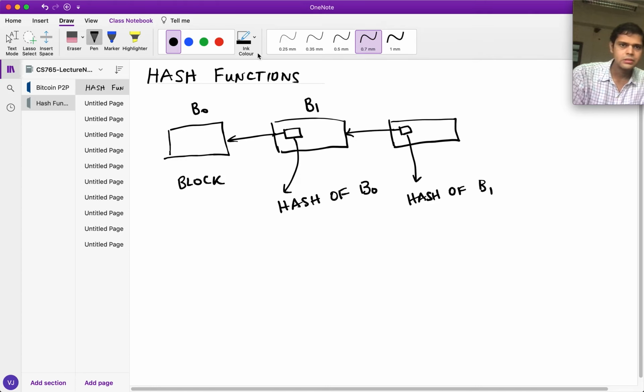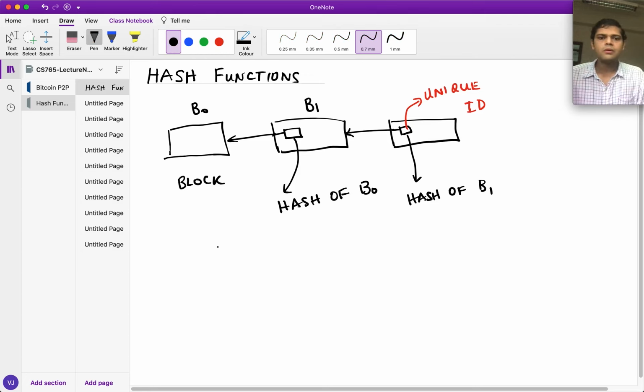So this hash value acts as a unique ID. We should not in theory be able to find any other bit string which matches with this hash value stored over here. If we were able to do so, then we could replace this block B1 with that particular bit string, and we do not want that to be allowed.